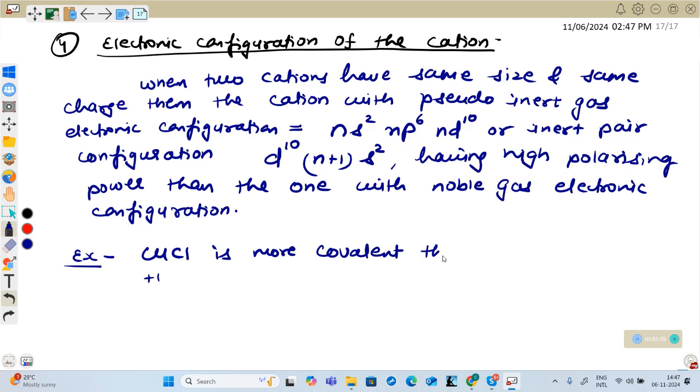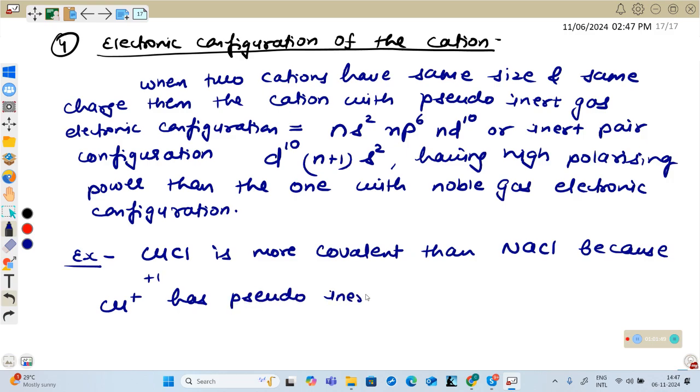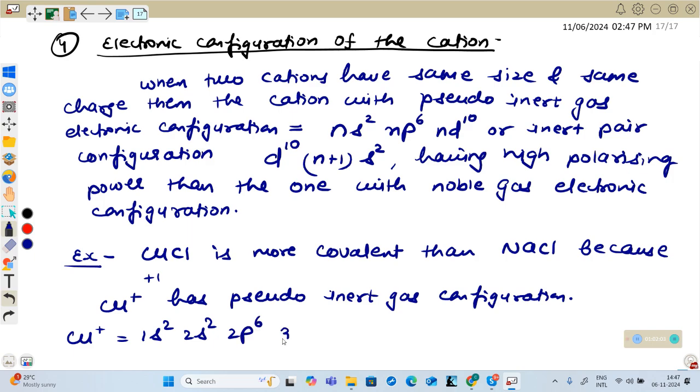Cu+ electronic configuration is 1s2 2s2 2p6 3s2 3p6 3d10.